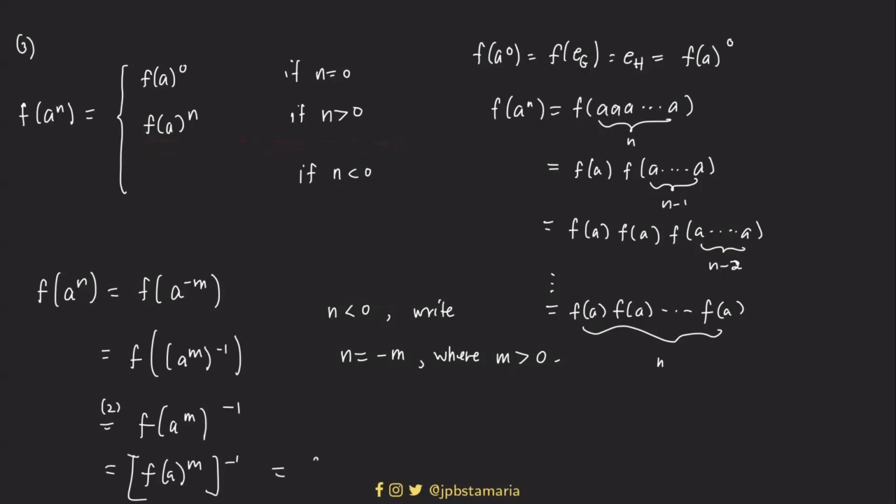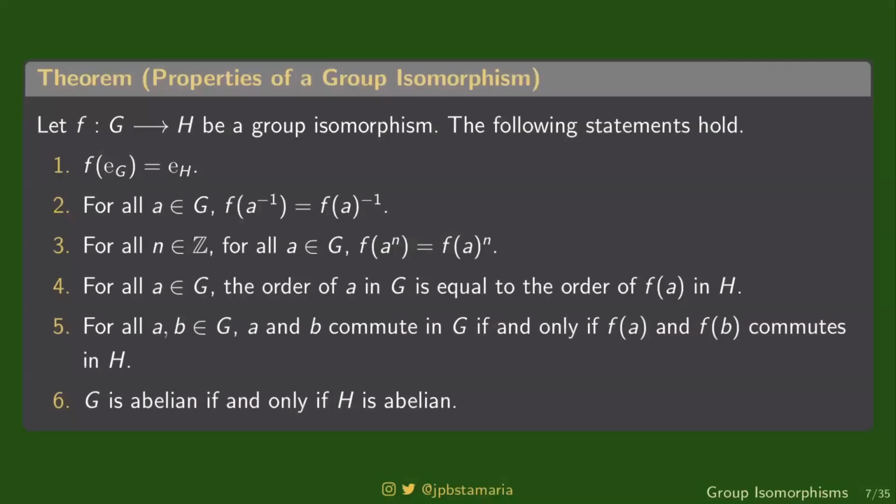But that's just the same as f of a to the minus m by law of exponents. Kaya ito ay f of a to the n pa rin. Kaya in any case, ang f of a to the n is equal to f of a to the power of n. Did you understand?